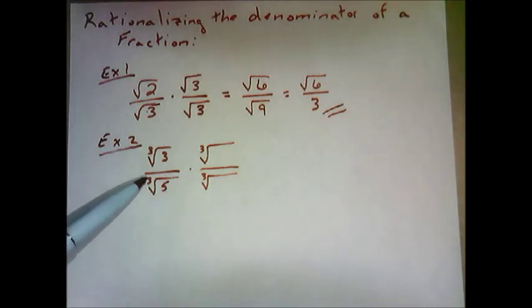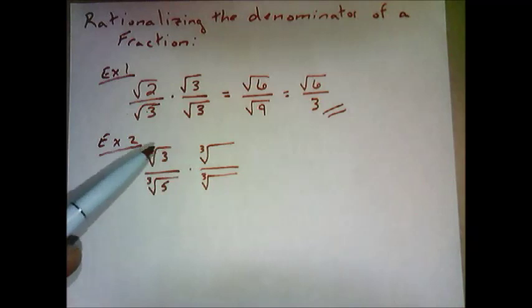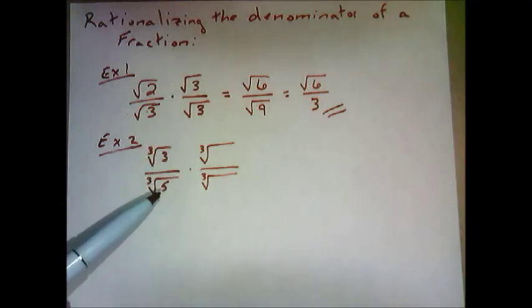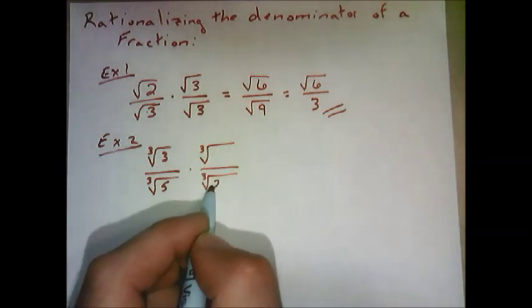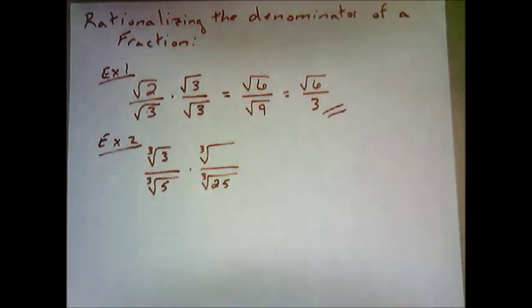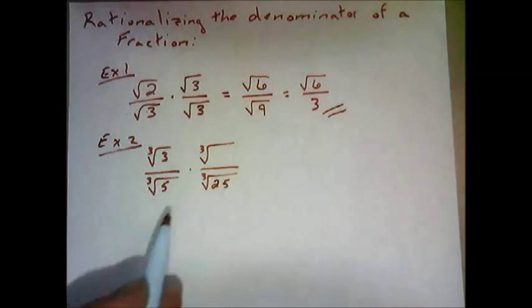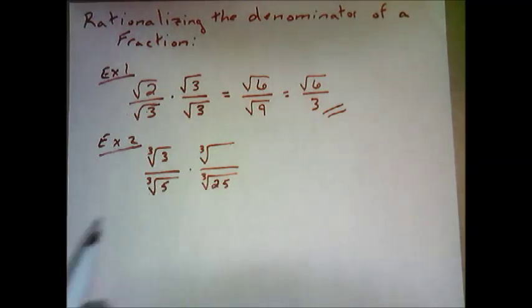Since we're looking at the third root, all of our indices have to be 3. And we're looking to say, what multiplies to 5 to make us a perfect third power, or a third root? Well, in this case, if we multiplied by 25, we would end up with 125, which is a perfect third.